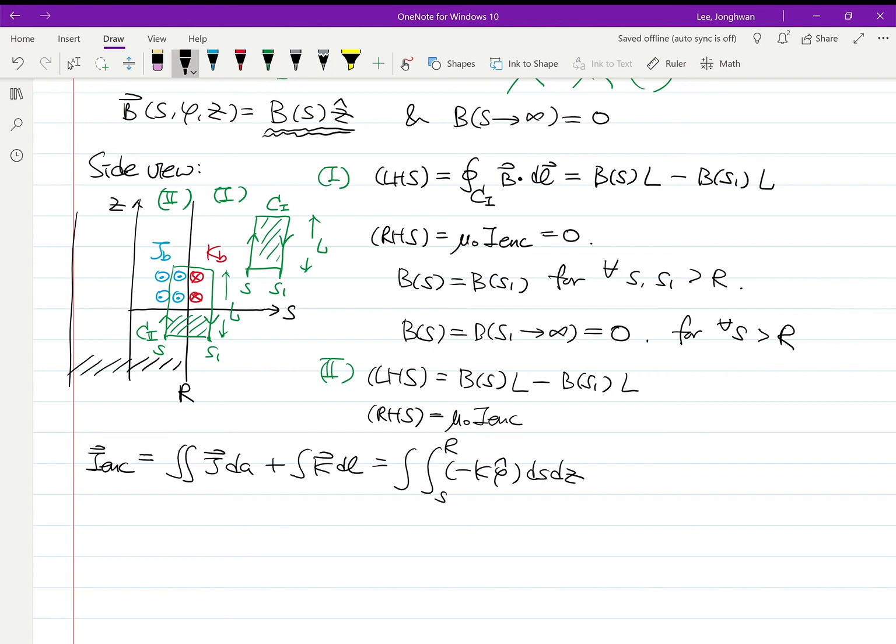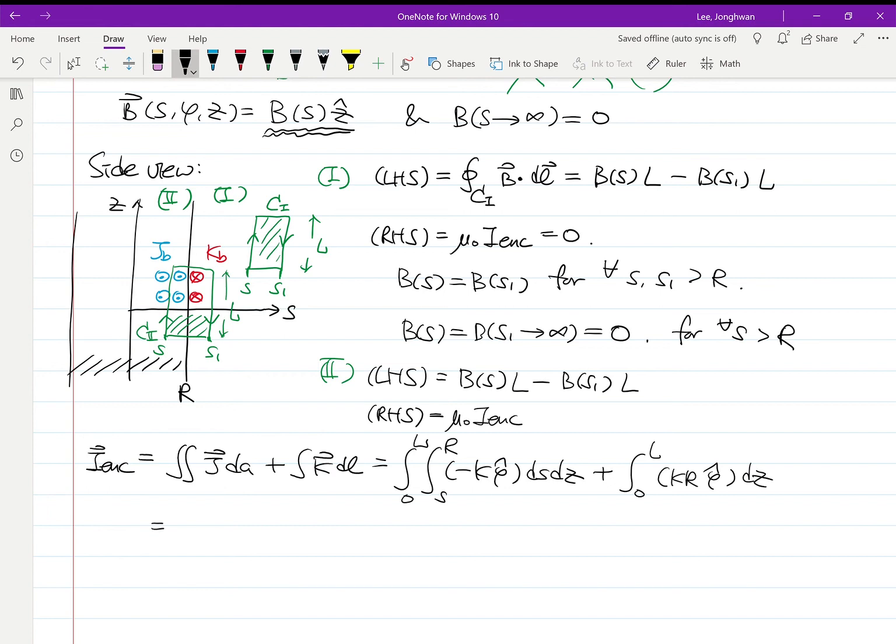The blue current only exists from 0 to R, and we are doing the area integral from s to s1, so the range should be from s to capital R. For the z direction it is from 0 to capital L, and K_B that we found above, with line integral dz.